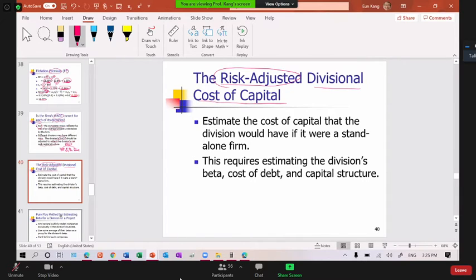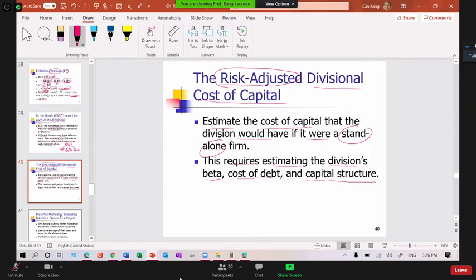We have to estimate the cost of capital that the division would have if it were a standalone firm, right? This requires estimating the division's beta, cost of debt, and capital structure.